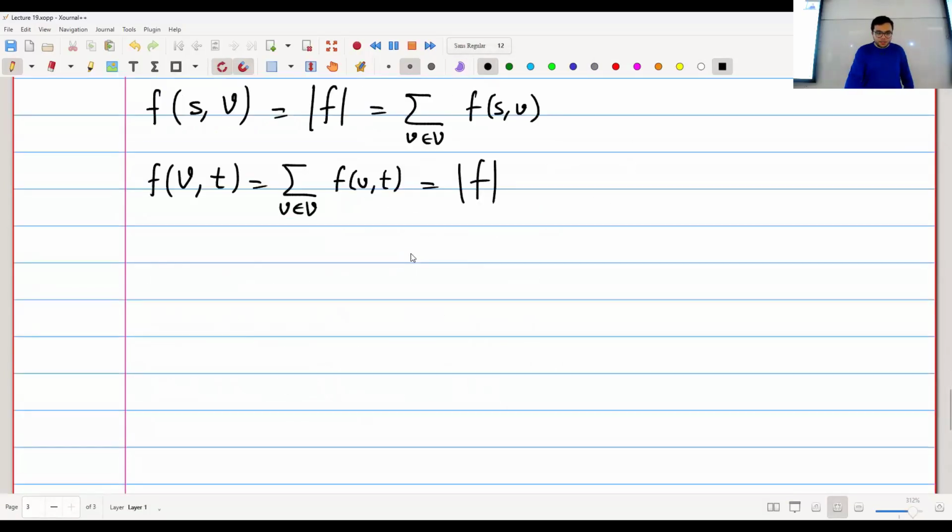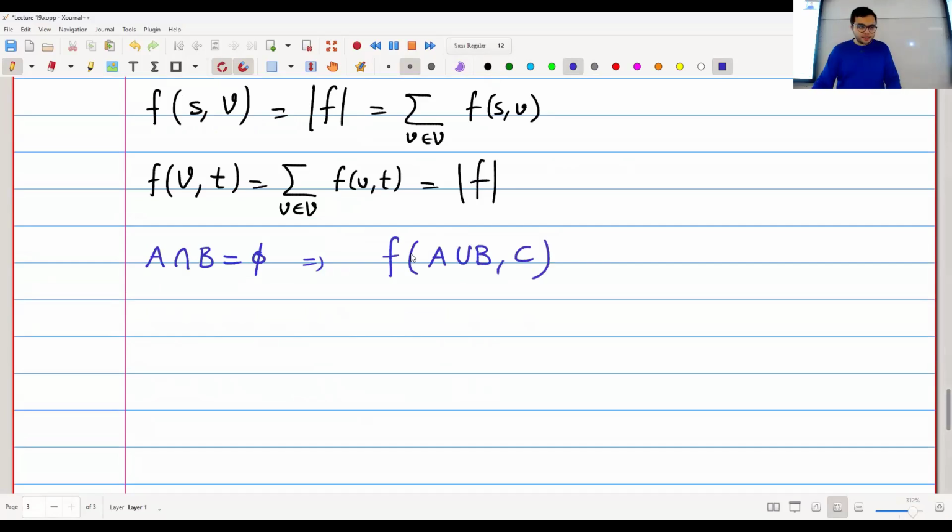But I can have some more interesting things. So let's say I have two sets, A and B, and let's say the intersection of A and B is empty. If this is the case, then what can I say about f of A union B and C?